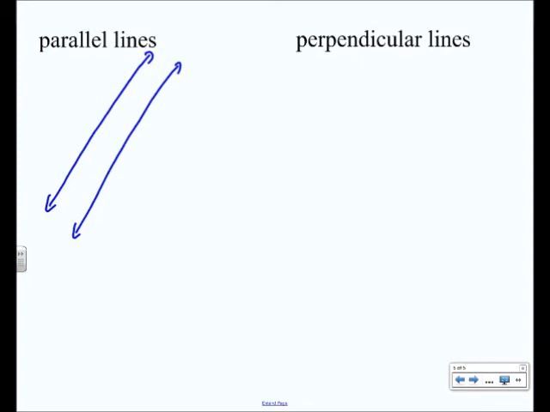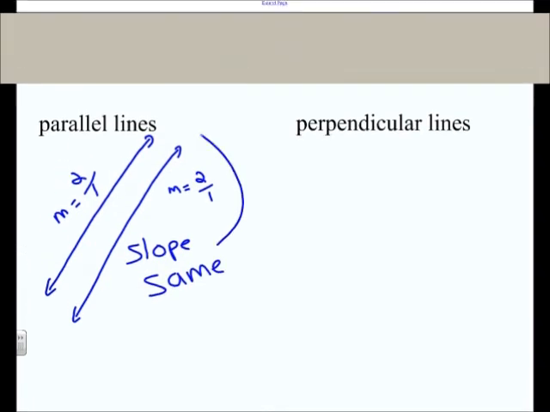Well, if their slope is the same, let's say this one has a slope of 2 over 1, then this one has got to have a slope of 2 over 1. If the slopes are the same, then we can have parallel lines.